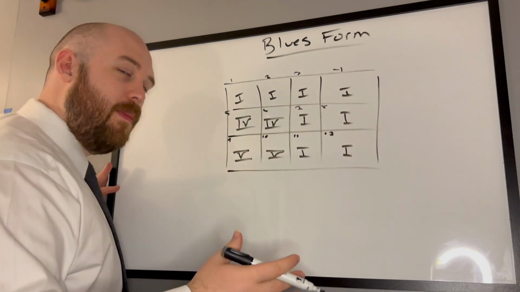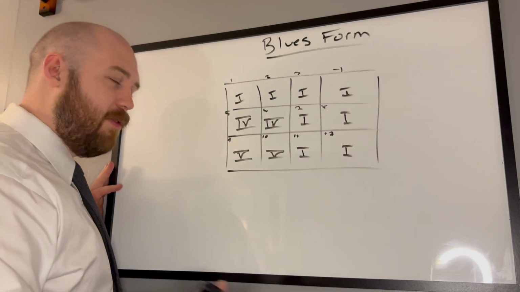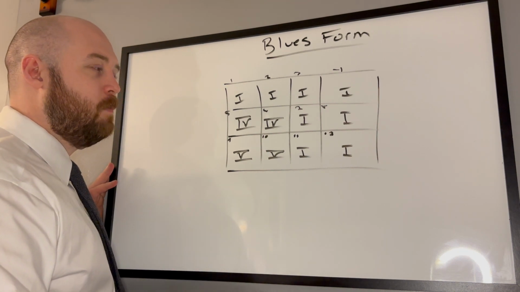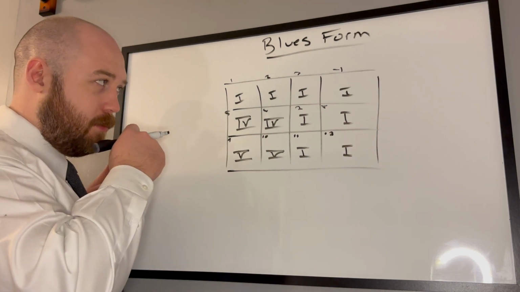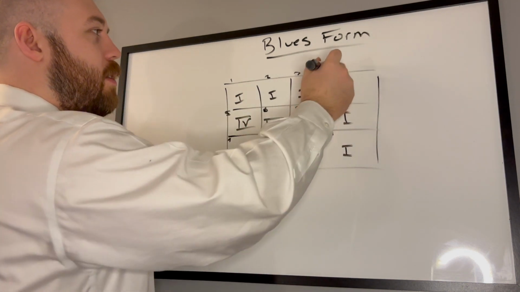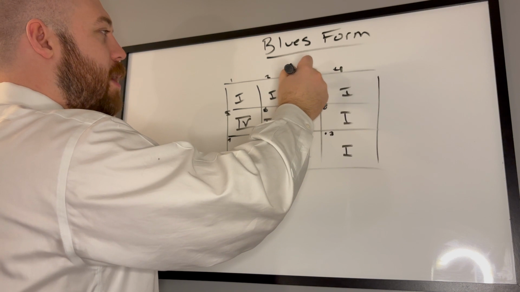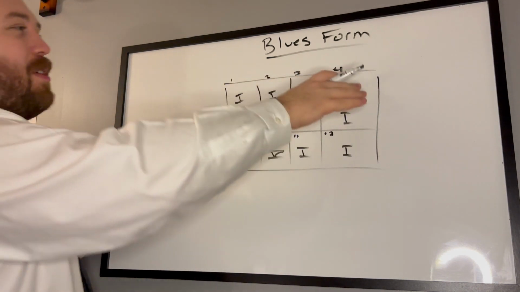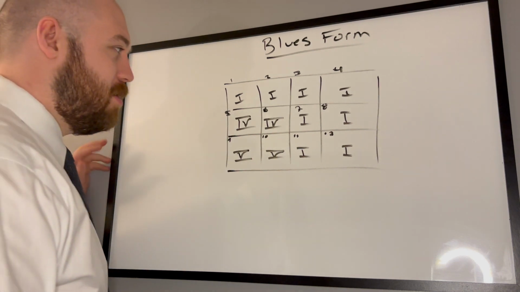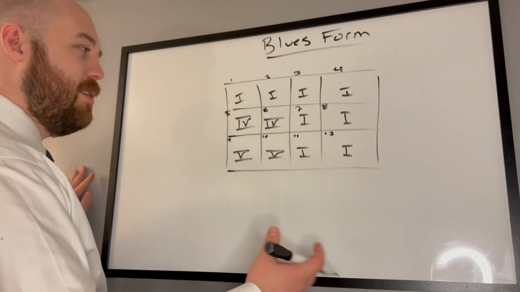Okay? 12 measures. That's why it's often referred to as the 12-bar blues. Marker's too thick to write these small numbers. Or my handwriting's just bad. So, anyway, 1 through 12. It's just 12 measures, and this is the blues.